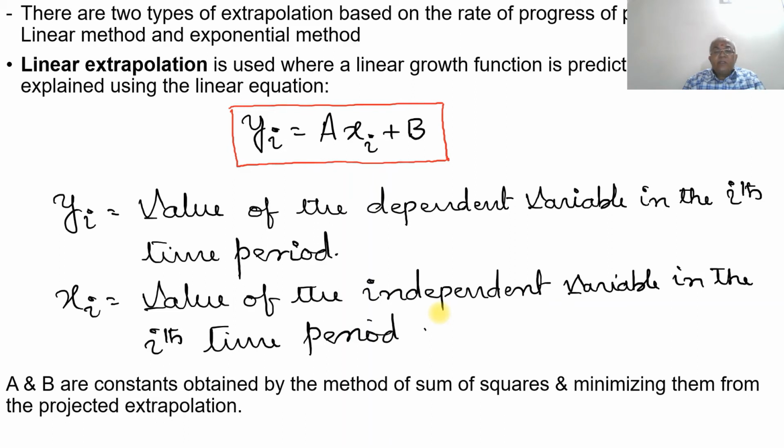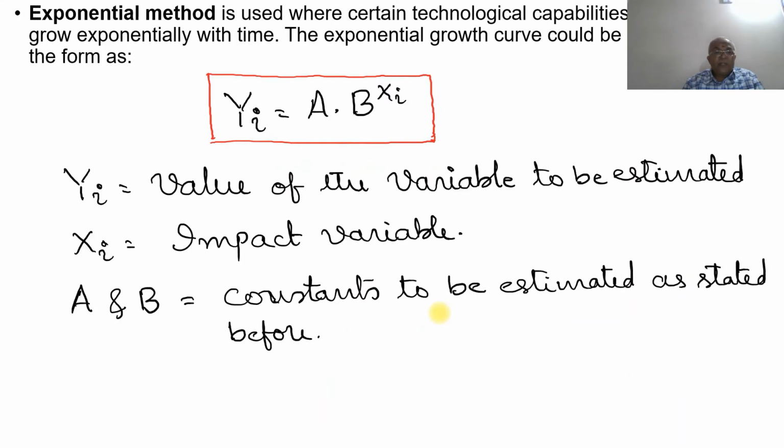Here yi = a·xi + b, where yi is the value of the dependent variable in the ith time period, and xi is the value of the independent variable in the ith time period. a and b are constants obtained by the method of least sum of squares, minimizing them for the projected extrapolation.